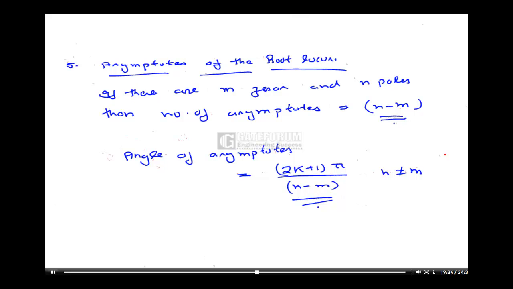Now the sixth property is the same for the asymptotes. When the asymptotes intersect the real axis, what is that point called? That point is called the centroid, the intersection of asymptotes.